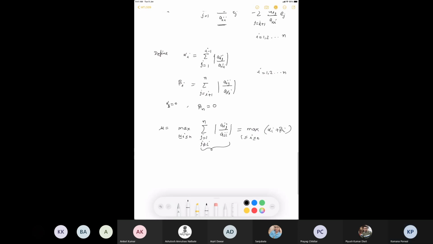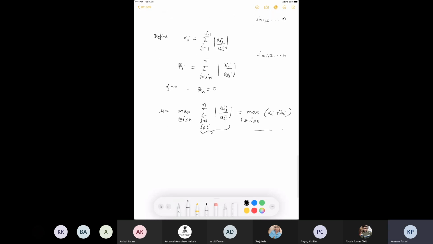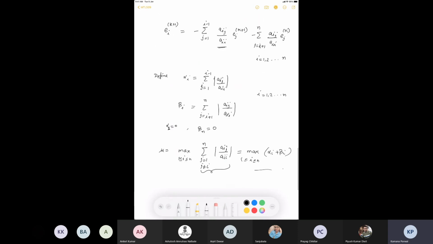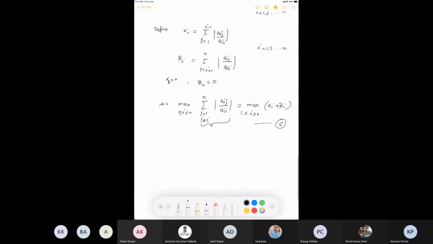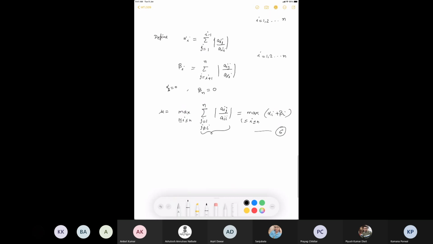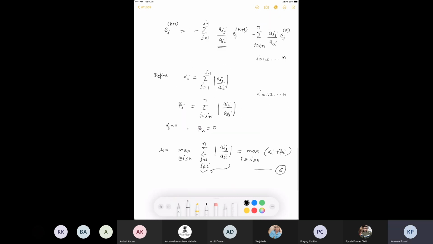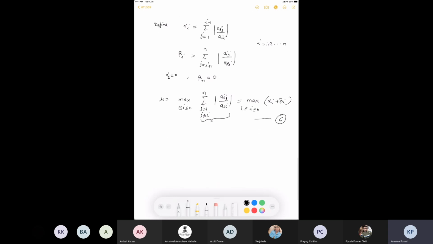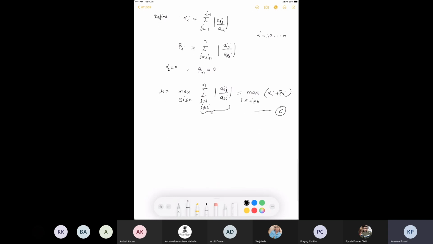Okay. So let's give it an equation number. This is 6. And now for this method also, I'm going to assume that the matrix is diagonally dominant. That is, in a way, I'm going to assume that mu is strictly less than 1.